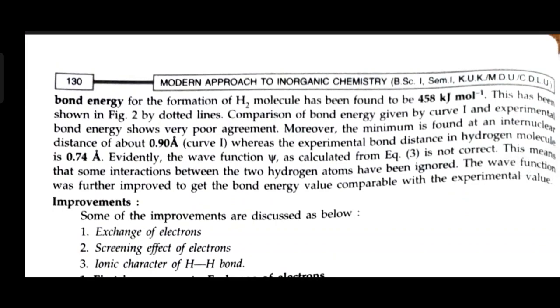Comparison of the bond energy given by curve 1 and the experimental bond energy shows very poor agreement. Moreover, the minimum is found at a nuclear distance of about 0.90 angstrom, whereas the experimental bond distance in the hydrogen molecule is 0.74 angstrom. Evidently, the wave function psi as calculated from equation 3 is not correct.